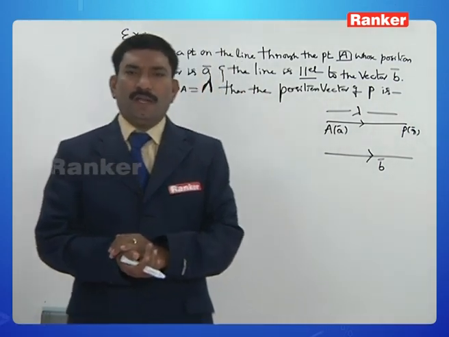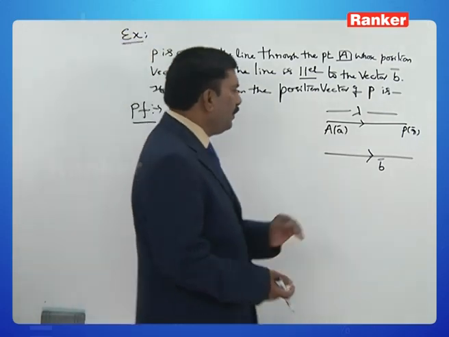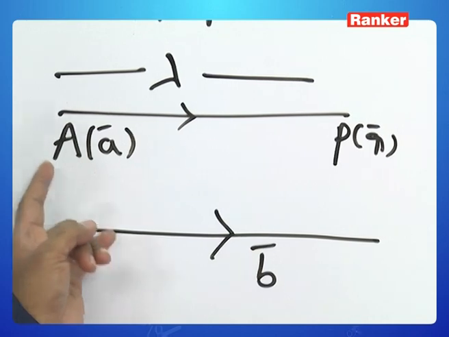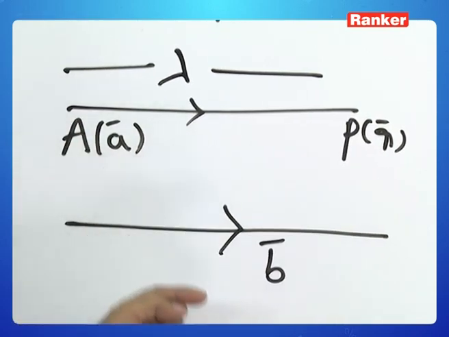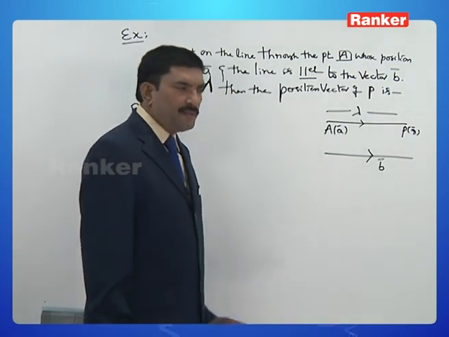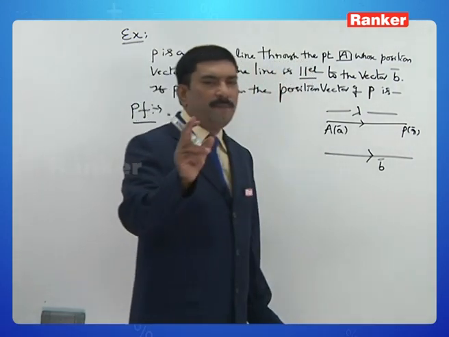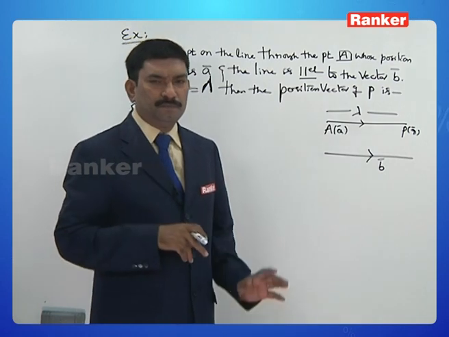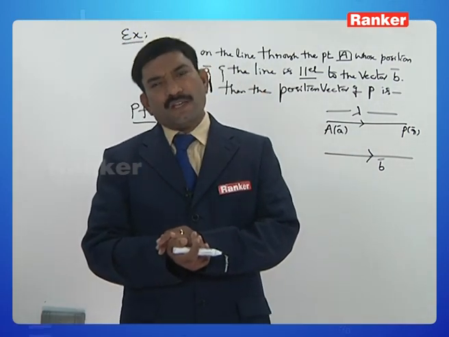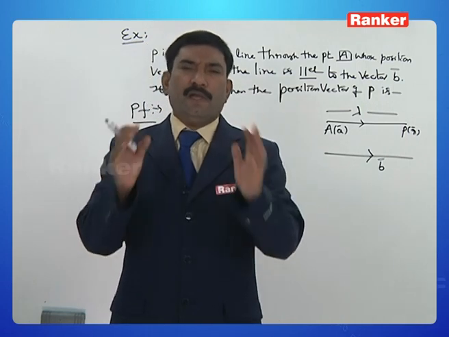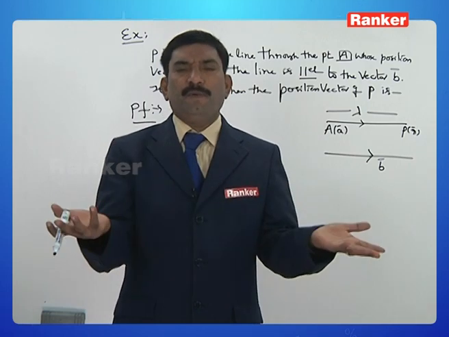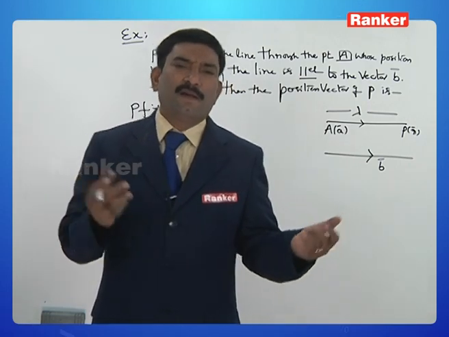Now, P is a point on the line passing through the point A bar, and this line is parallel to the vector b bar. Now, scalar multiplication of a vector: if you multiply a scalar with a vector, it is once again a vector. Its magnitude is increased or decreased depending upon the value of the scalar.